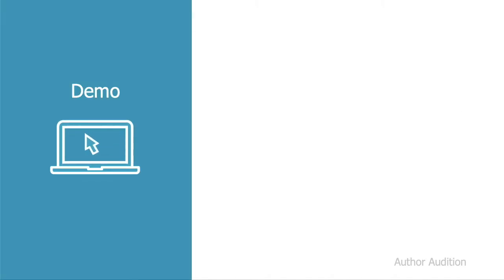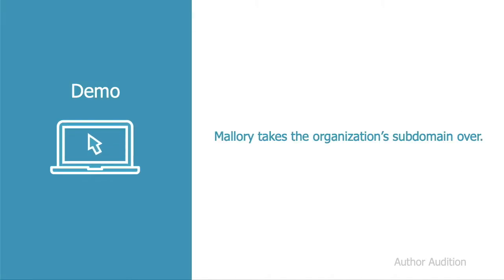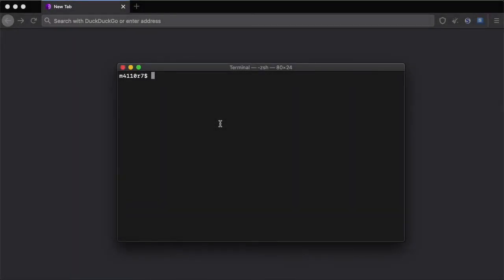Let's see Mallory in action as she takes control of the vulnerable subdomain. Mallory first performs a DNS lookup on event.jubobs.com. That CNAME record in the output indicates that the subdomain indeed points to GitHub Pages.